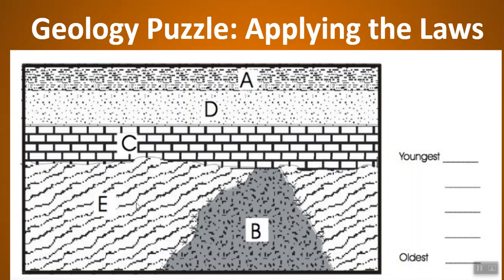So here again we have E, a metamorphic rock with those squiggly lines and crosses here. B is an igneous intrusion, and you see the contact metamorphism around that igneous intrusion. That's another clue that it's igneous. So the oldest rock here would be E. E had to exist by the law of cross-cutting relationships before B could intrude into it. So E is the oldest.